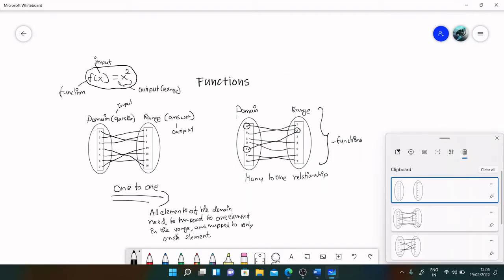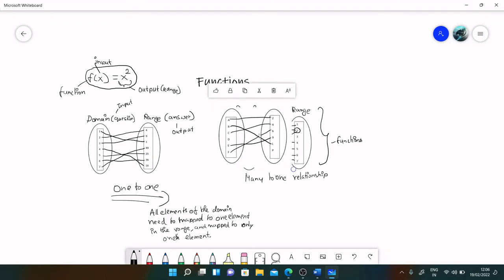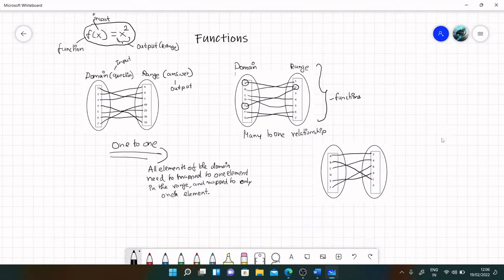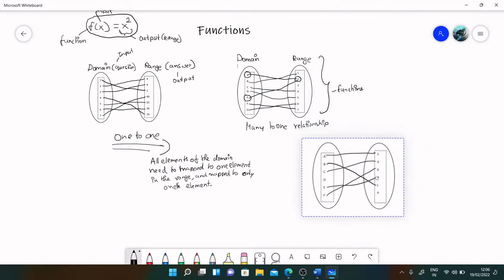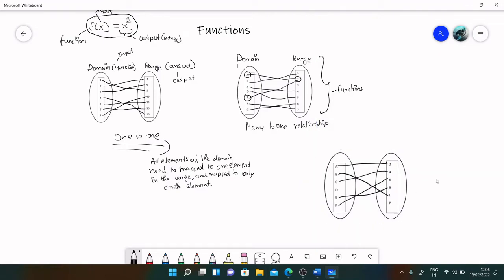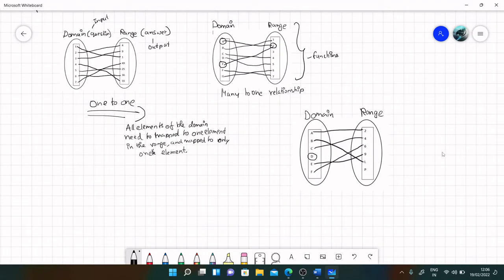Let us look at another function. What difference do you notice in this function? Think about it for a minute. Domain D is not mapped to anything. Everything else is mapped, but domain D is not mapped. Do you think this is a function?